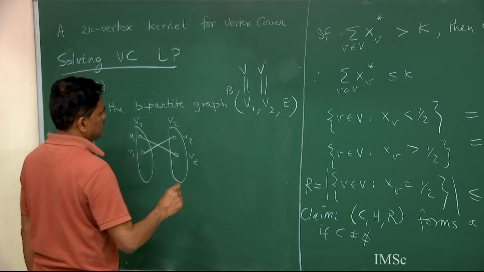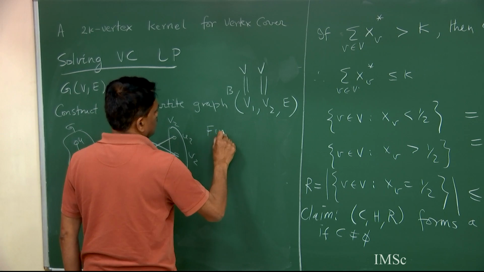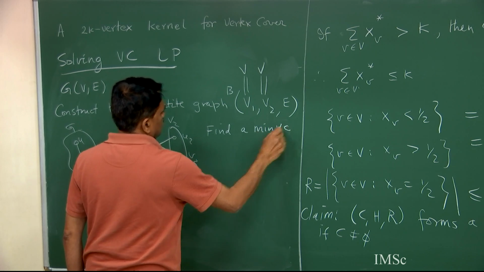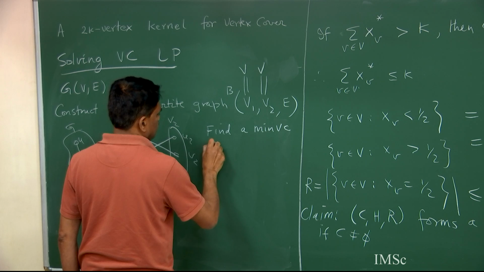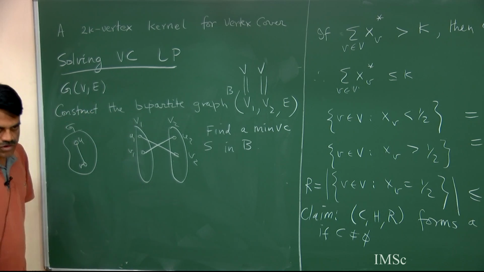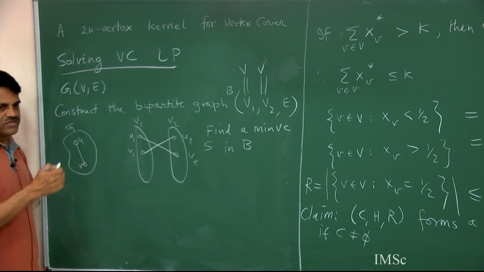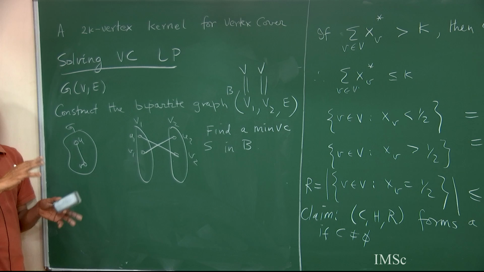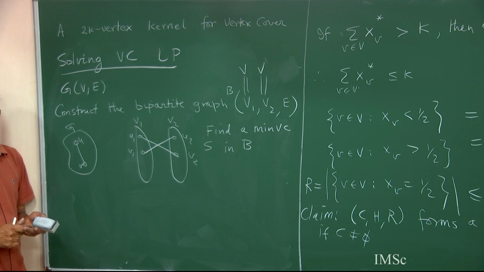Find the minimum vertex cover in B, let's call it S. In a bipartite graph, you can find this in time m square root of n: find a maximum matching, minimum vertex cover, you can find all of that.